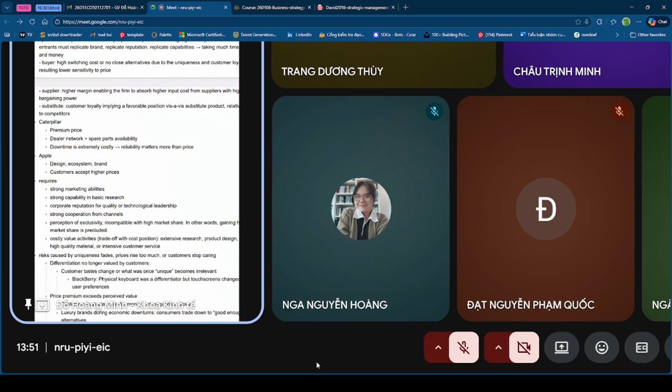The suppliers. If the supplier charges a higher price for the input, however, when your product is unique, you can sell your product at a premium price, right? Higher than the competitors' price, and the increase in the price is larger than the increase in the cost.